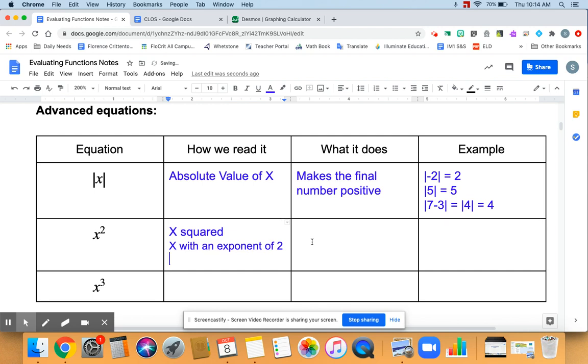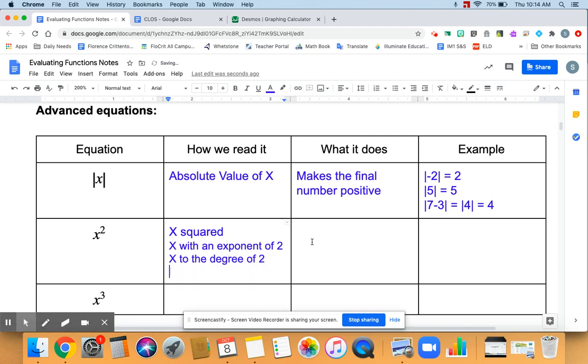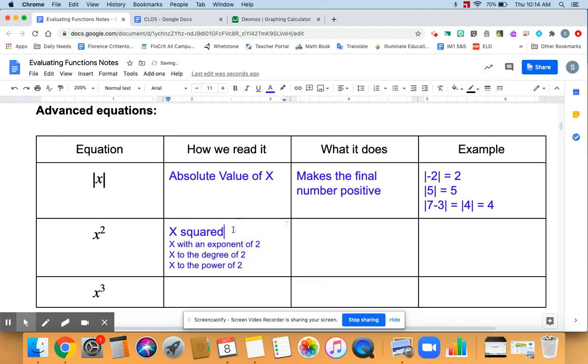Sometimes they call exponents degrees, so they might say x to the degree of 2. And they also call them powers, so they might say x to the power of 2. So these all mean the same thing as x squared. The x squared is the main one.